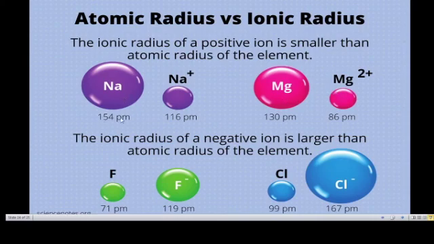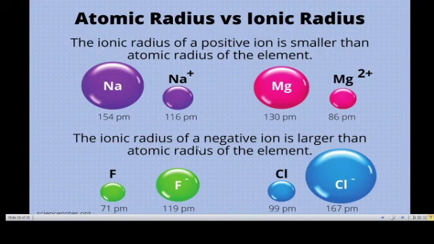Sizes are 154 picometer and 116 picometer, and here 130 picometer and 86 picometers. So the ionic radius of a positive ion is smaller than the atomic radius of the element.